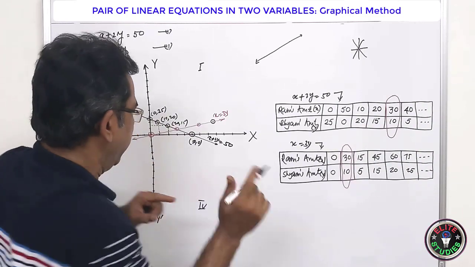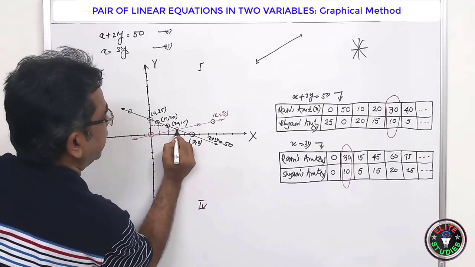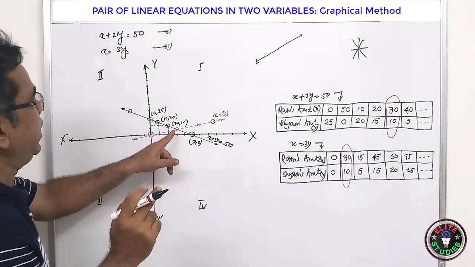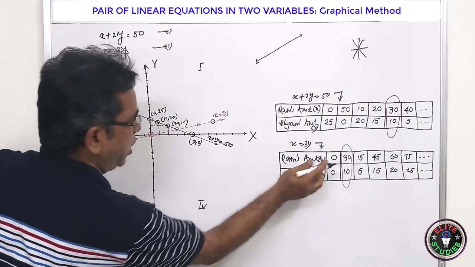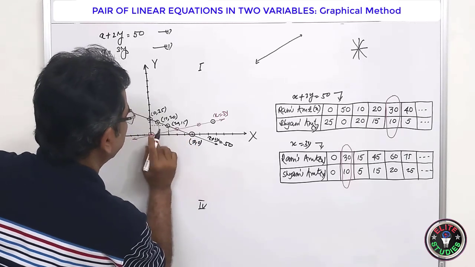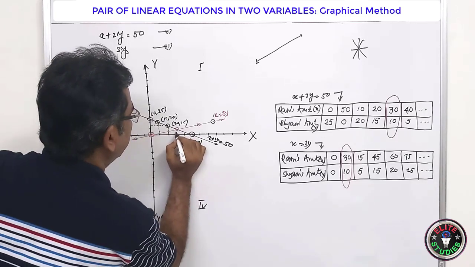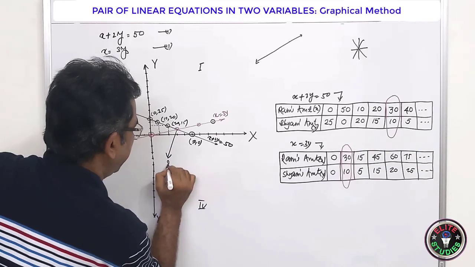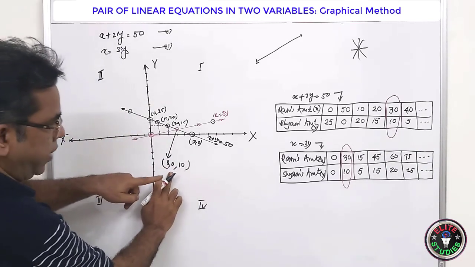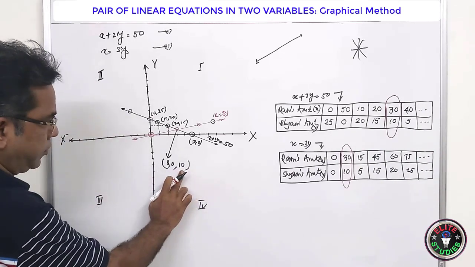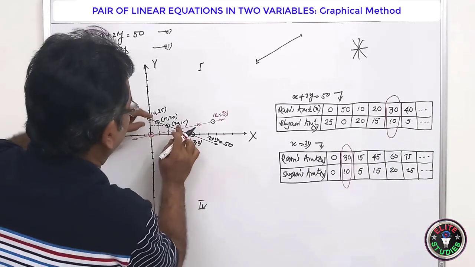My dear students, this is the point. The point of intersection of these two lines, because this point is x equal to 30 and y equal to 10. This point is 30, 10. Why?